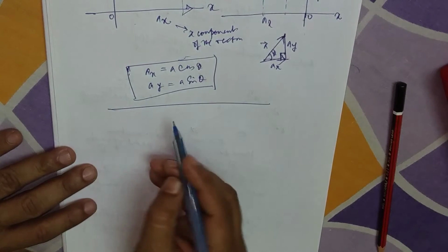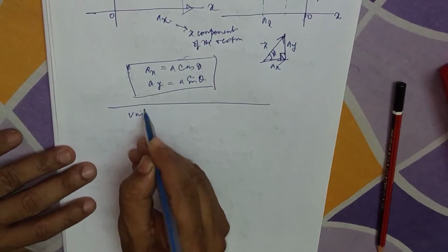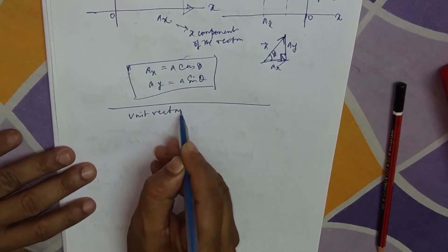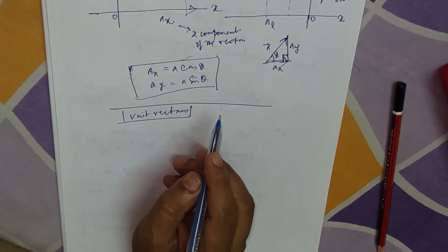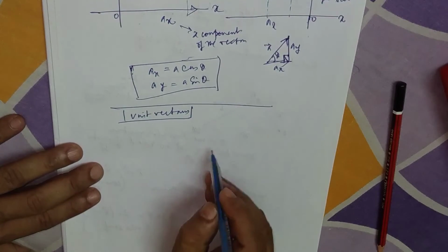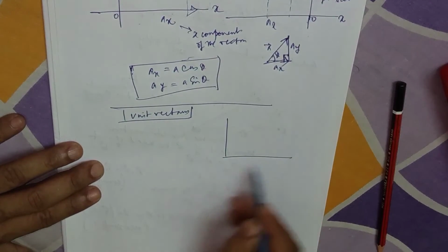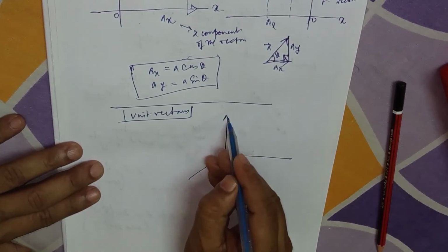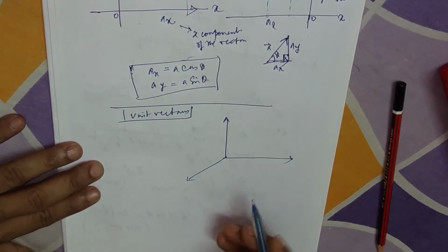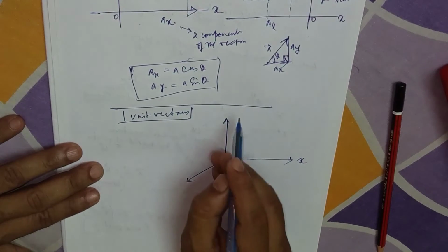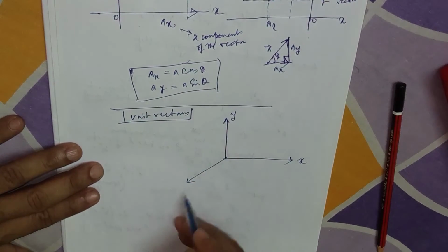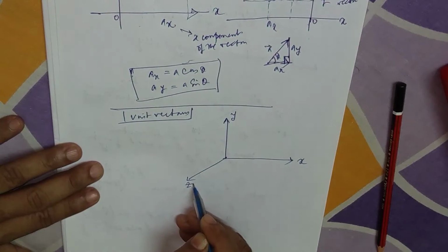Now we will learn unit vectors. As we know, x, y, z are the three parts, three dimensions. This is x, this is y, and this is z.